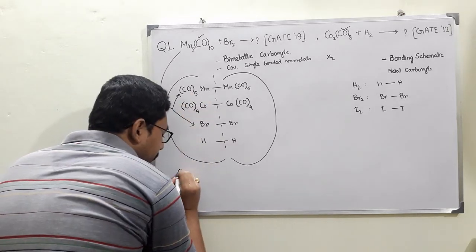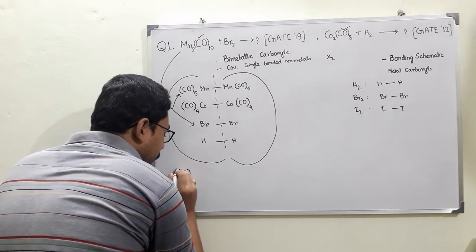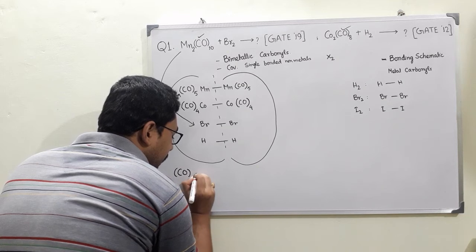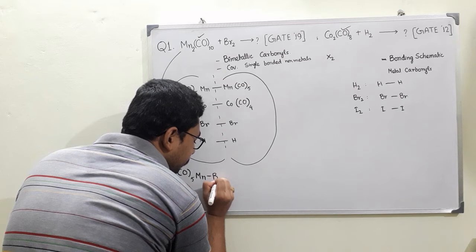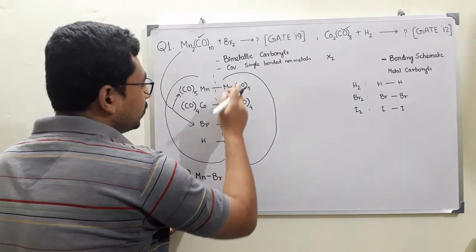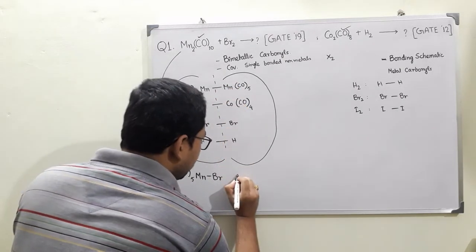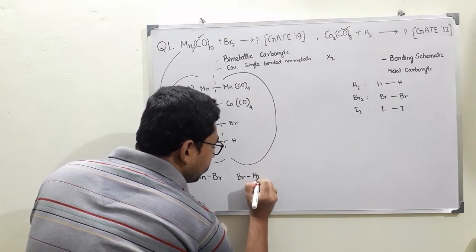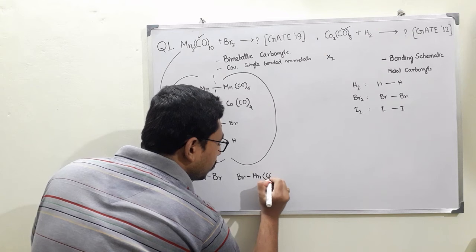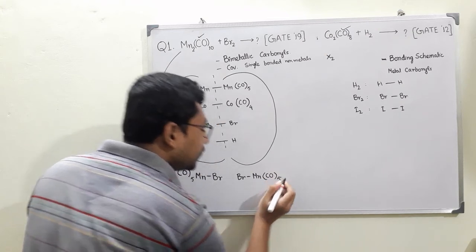Our product will be (CO)5MnBr. On the right hand side, it's once again BrMn(CO)5, which are basically the same.